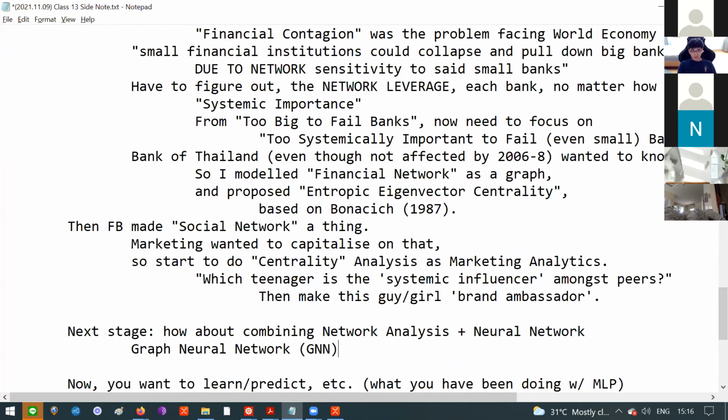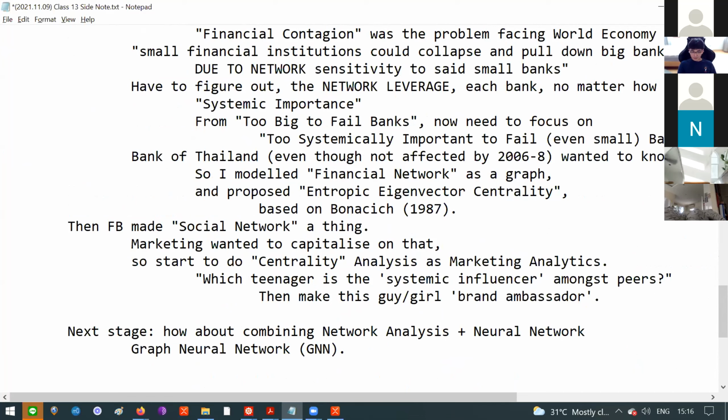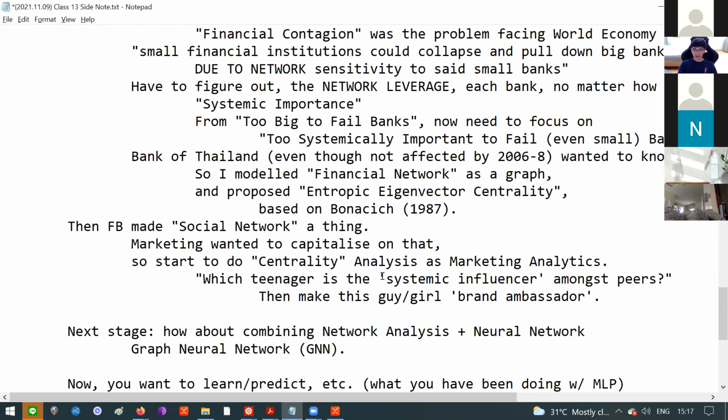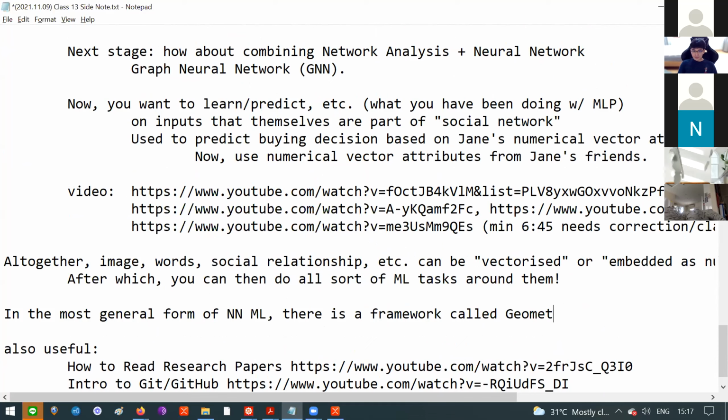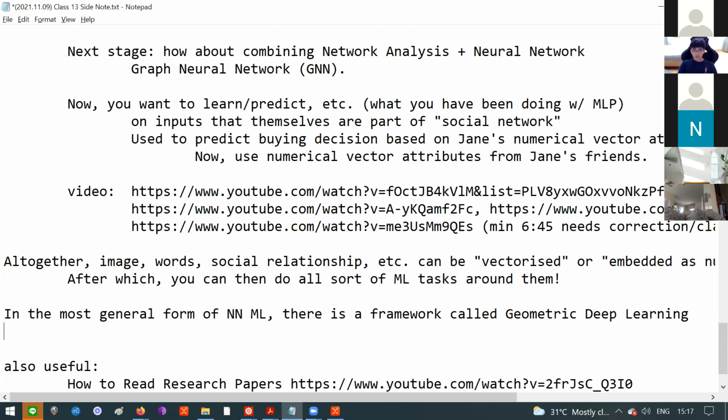Now, in the most general form of neural network machine learning, there is a framework, geometric deep learning, that kind of subsumes everything.